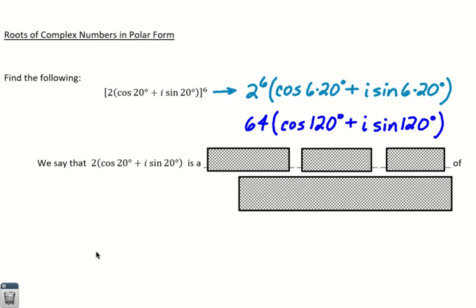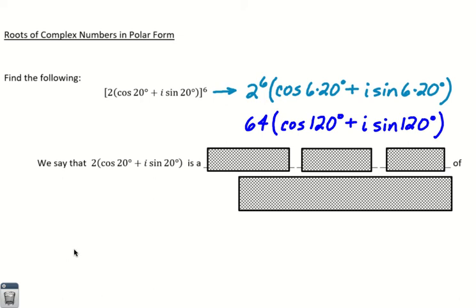In other words, the second root, right? 7 is a second root of 49. Why? Well, it's because 7 to the 2nd power is 49. If 7 to the 2nd power is 49, you can say that 7 is a second root of 49.